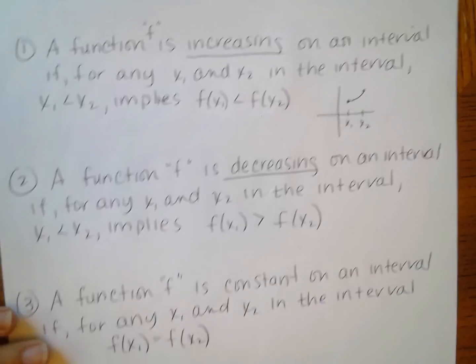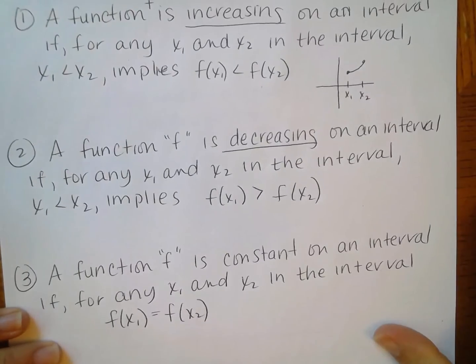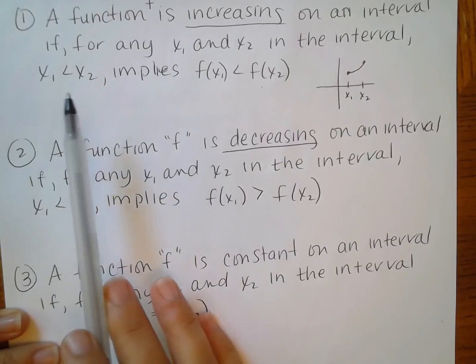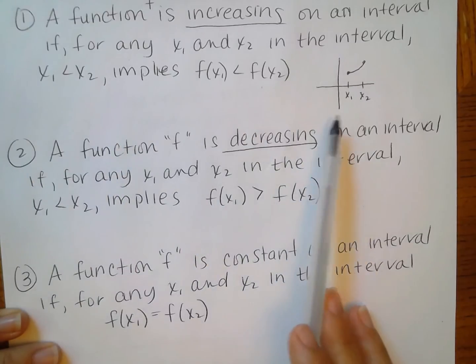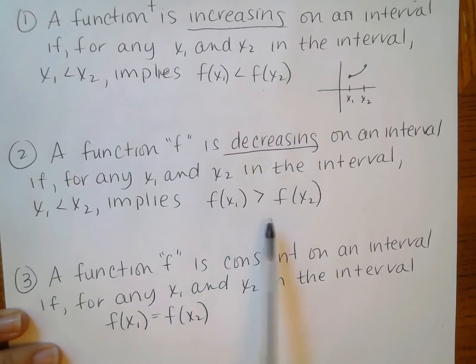Okay? So the function f is decreasing on an interval if for any x1 and x2 in the interval, it's the same exact thing, that x1 is less than x2, meaning x1 is to the left of x2, implies this time my inequality is going in the opposite direction.